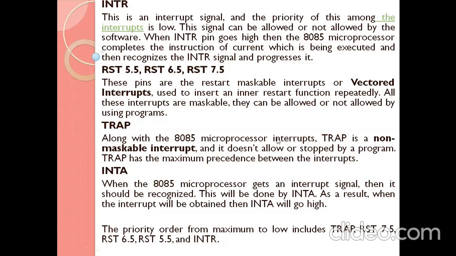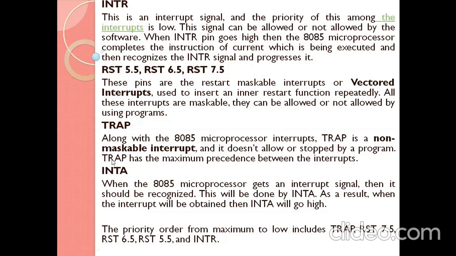TRAP is called a non-maskable interrupt, and the remaining 4 are maskable interrupts. What is meant by maskable and non-maskable? Non-maskable means we cannot disable that particular interrupt. Maskable means we can disable the interrupt.